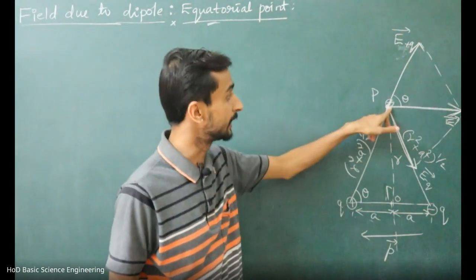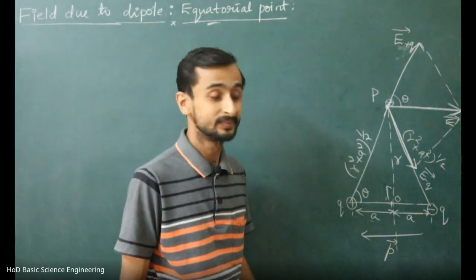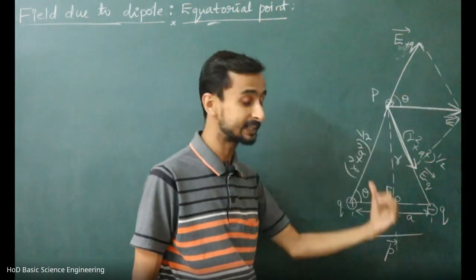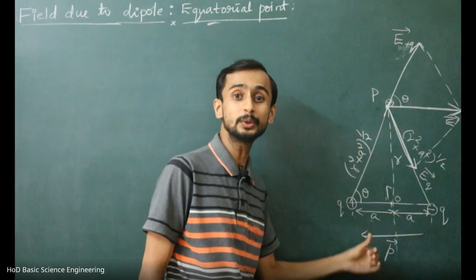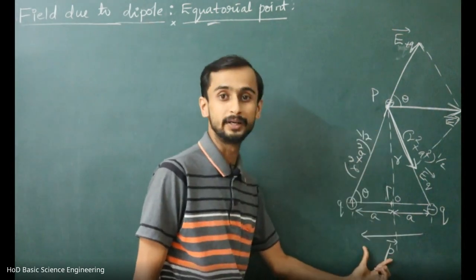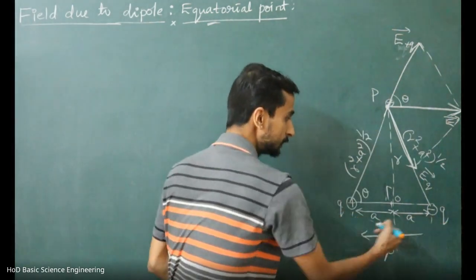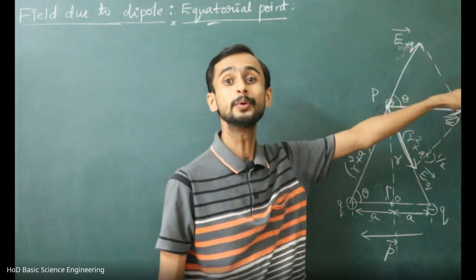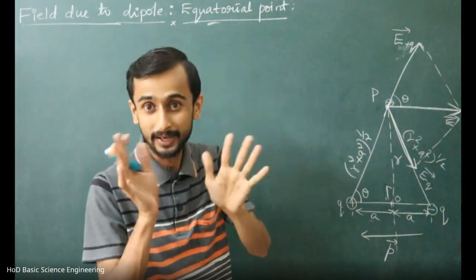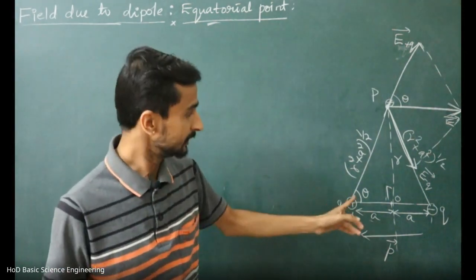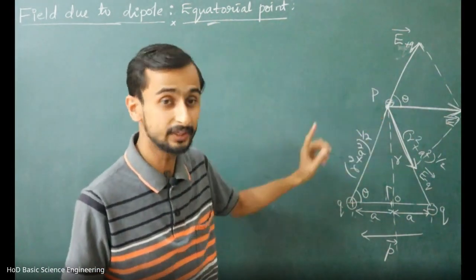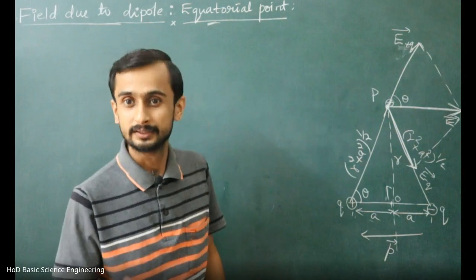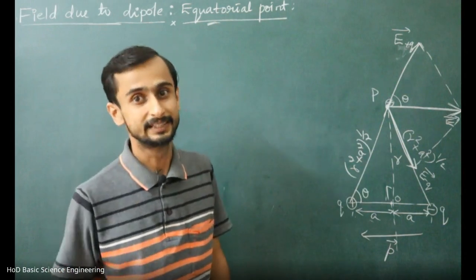But what about the direction of this? This net field is acting in a direction opposite to this dipole moment. Dipole moment is acting from right to left, but this one is acting from left to right. So if you compare the direction of electric field with the direction of dipole moment, it is acting in the opposite direction.